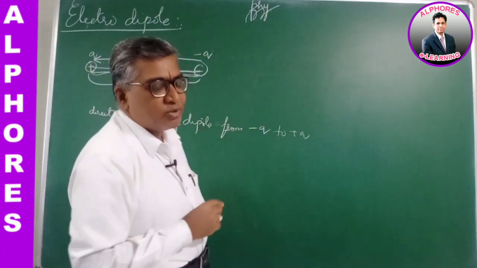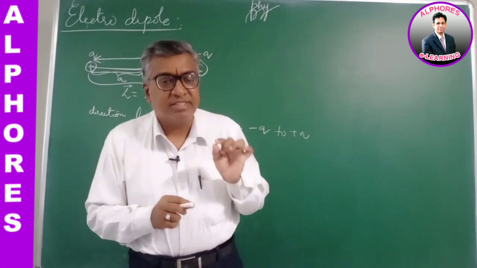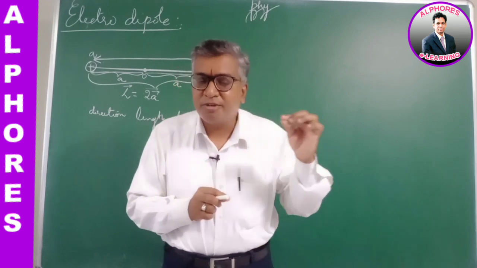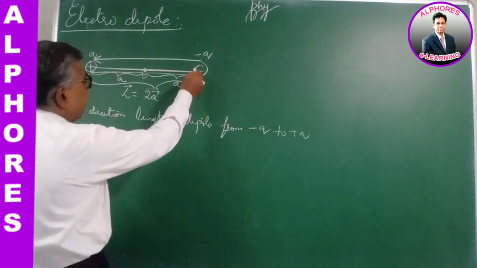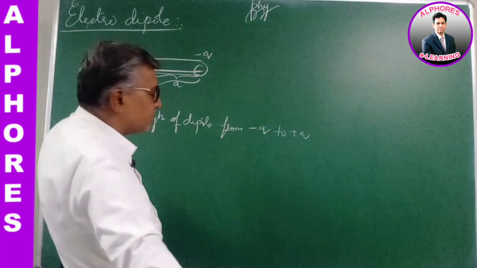Even in a magnet, the length of the magnet is a vector, and the direction is from south pole to north pole inside the magnet. Here also it is from negative charge to positive charge. Please make a note of this, right?